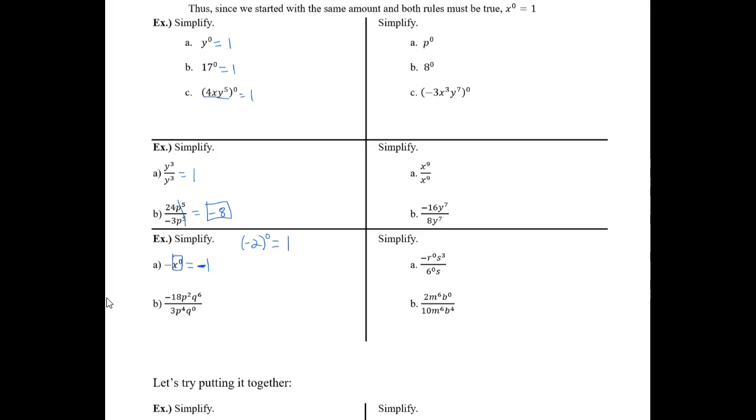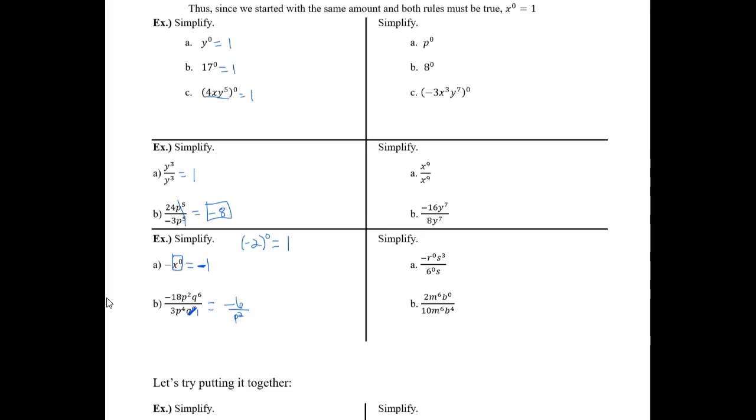Down below, anything to the 0 power is 1. So that q to the 0 power, I can cross that out. That is a 1. Looking at the rest, I have negative 18 divided by 3. I would get negative 6 in the numerator. Then p squared divided by p to the 4th, we subtract. 4 minus 2 is 2, but I had more p's in the denominator, so those p's stay downstairs.